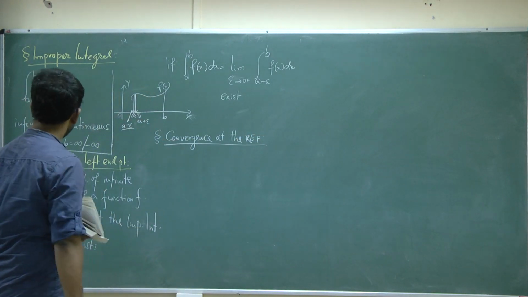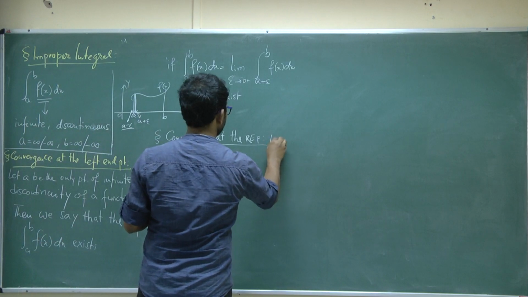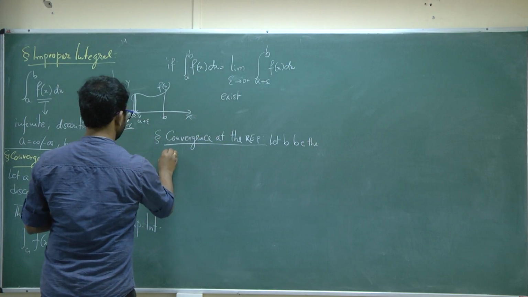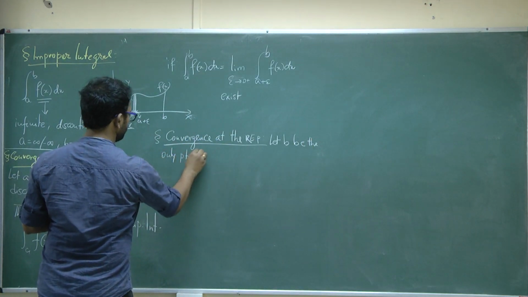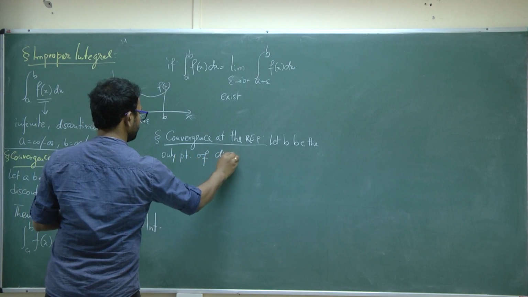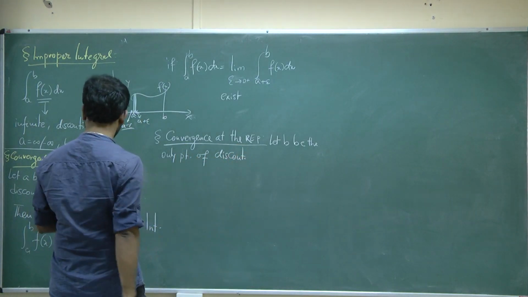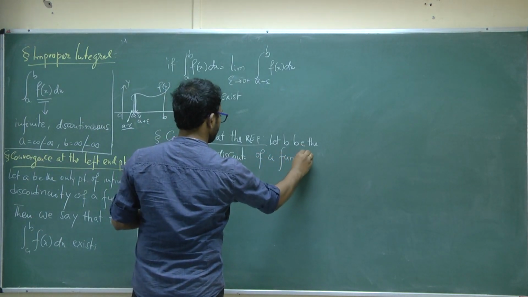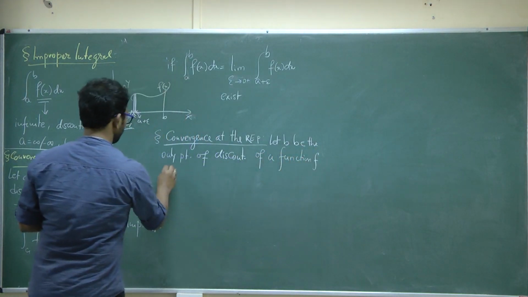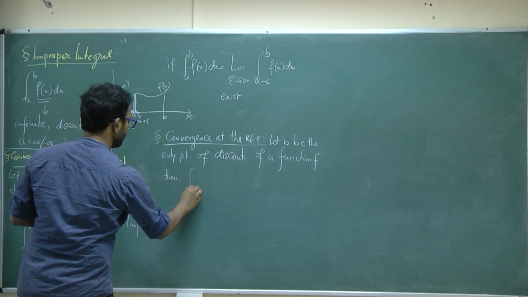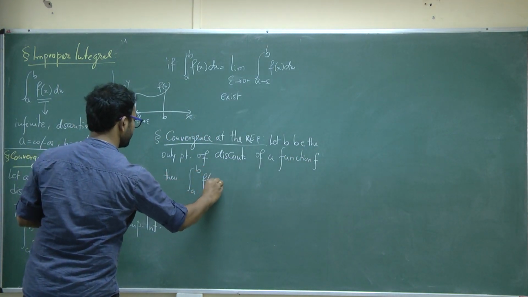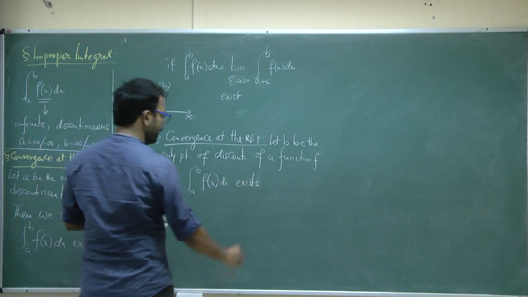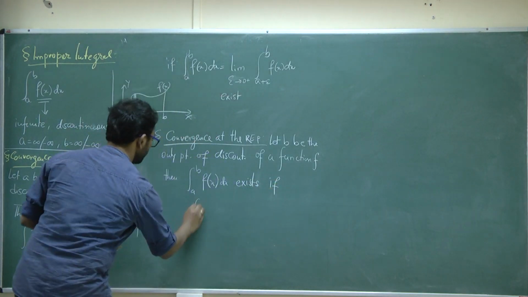Convergence at the right end point usually means that, let b be the only point of discontinuity of a function f, then the integral from a to b of f(x) dx exists if you have the limit.